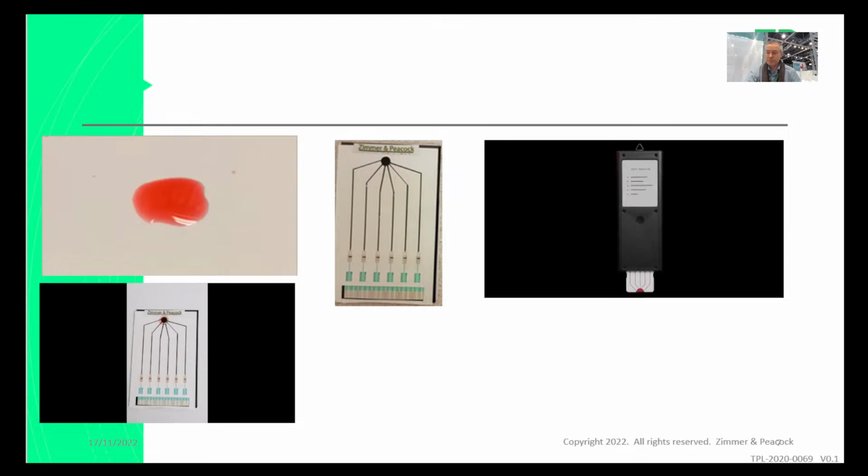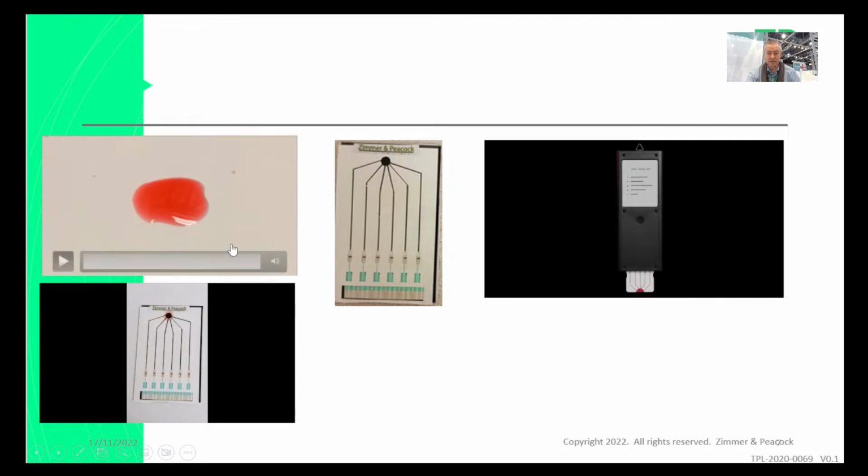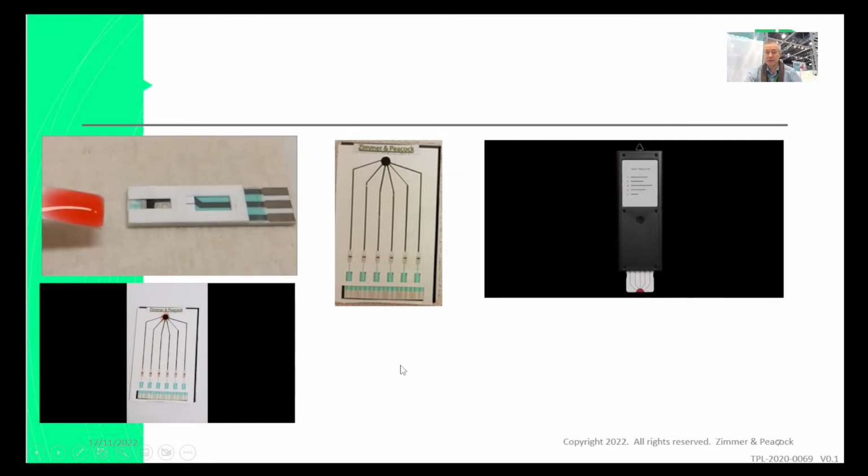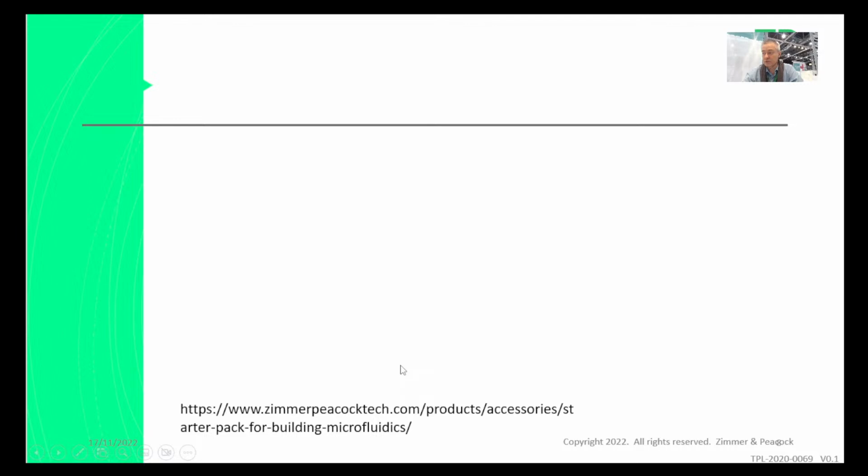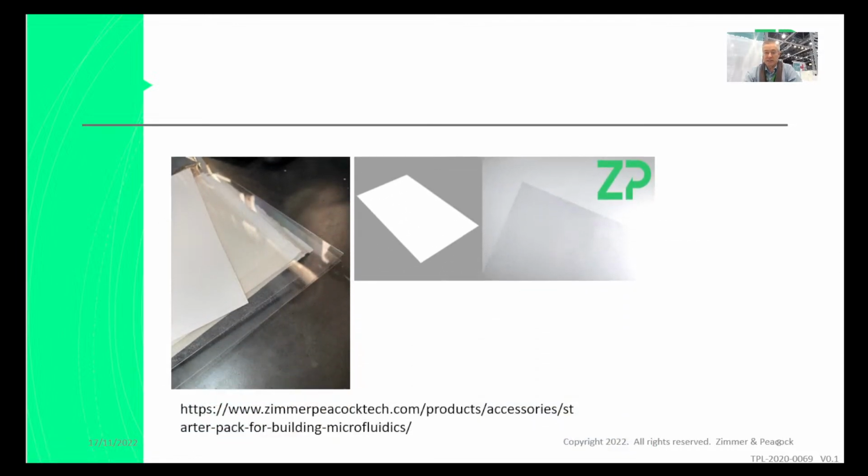These three videos, where we show the credit card design and the single channel capillary device, are all made from that kit. So there's a lot of versatility in the kit. There's a link here to the kit. Now I'm going to dive into the kit because it comes with two materials.